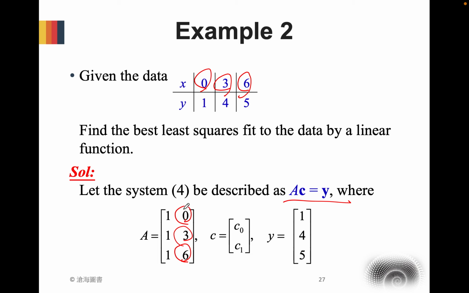Right? And why 1 first? Because remember that we assumed y is equal to c0 plus c1x. So 1 means this. c0, c1. Okay. And y is equal to 1, 4, 5.